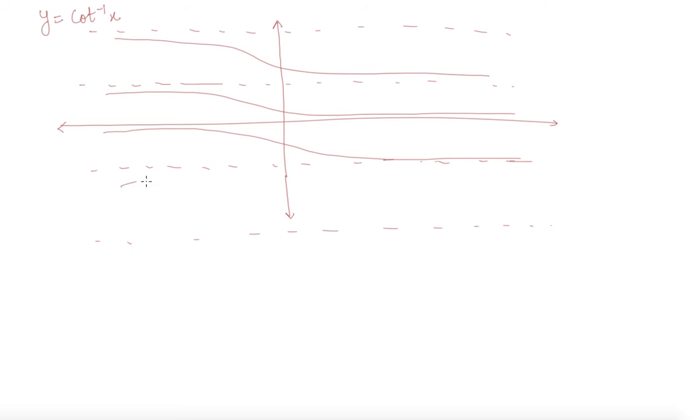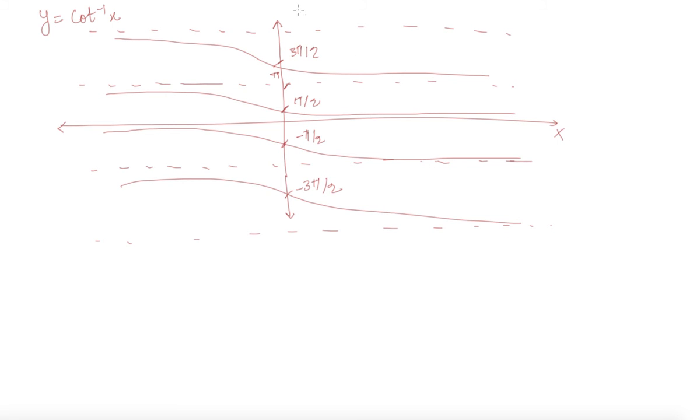So this is the plot of y is equals to cot inverse x, and this point is pi by 2, this point is pi, this point again somewhat here above. Kindly bear with my drawing, students, that is not that good.